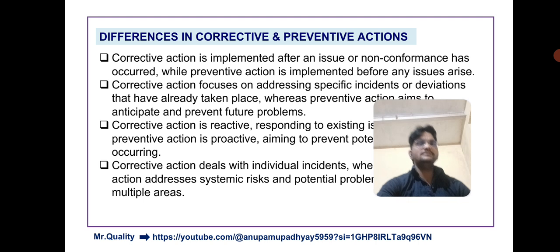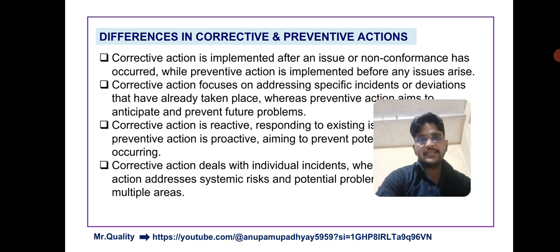What is the difference between corrective action and preventive action? Corrective action is implemented after an issue or non-conformance has occurred, while preventive action is implemented before any issue arises. Corrective action focuses on addressing a specific incident or deviation that has already taken place, whereas preventive action aims to anticipate and prevent future problems.